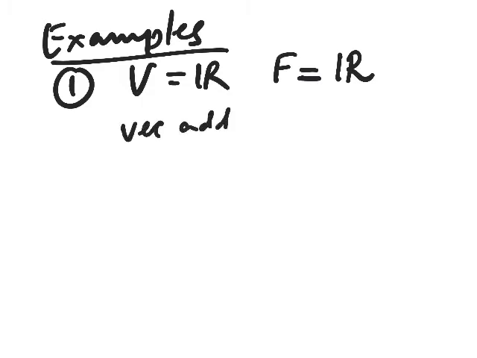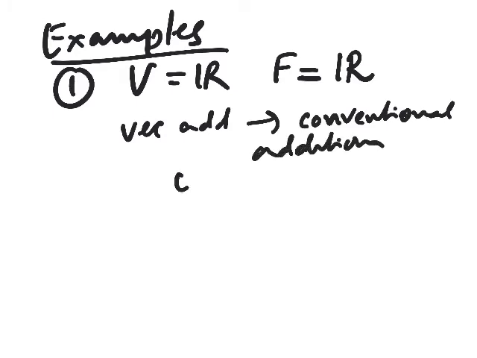Vector addition is your conventional addition, and conventional multiplication is the scalar multiplication.